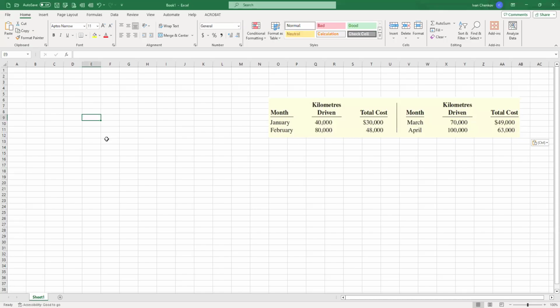So this is our information. We have here, let's go with January. Then we have February. And then we don't have to write everything. I'm just going to drag it down, and it's going to give me all the way to April. What else do I have? Level of activity, which is the kilometers driven.